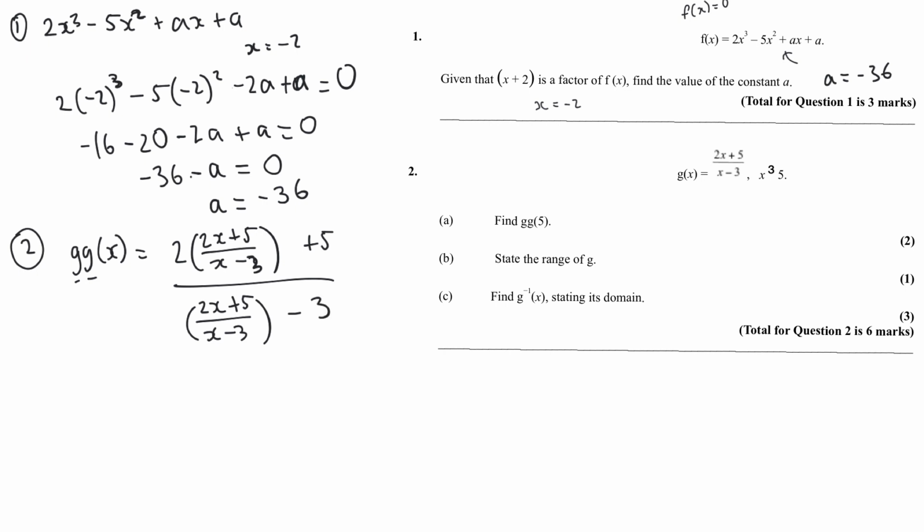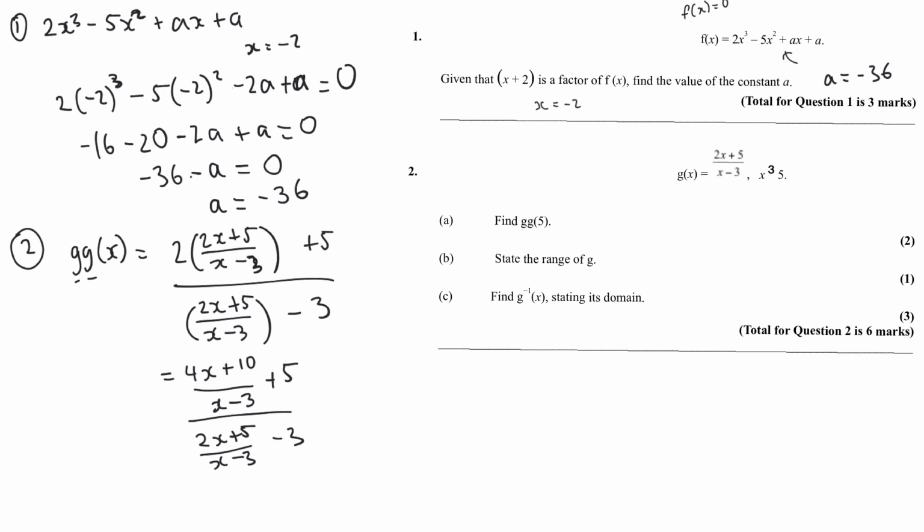So you can simplify this. So now it'll be 4x plus 10 over x minus 3 plus 5 over 2x plus 5 over x minus 3 minus 3.